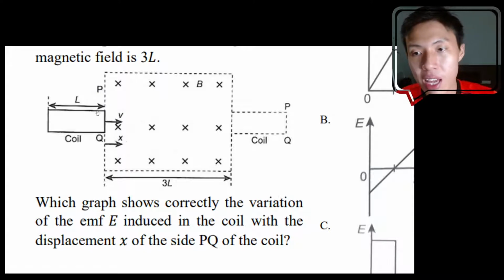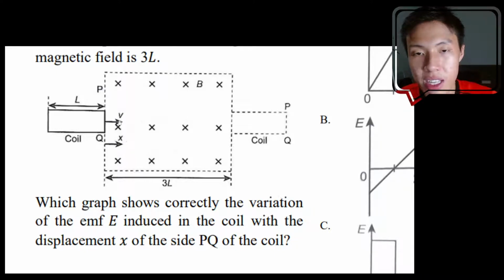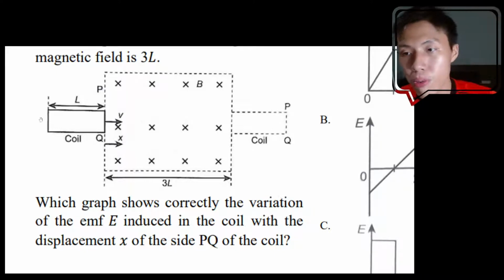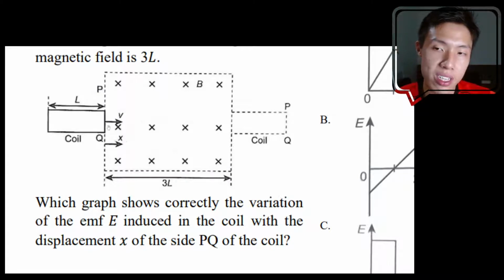So imagine this whole coil as a single dot placed on this PQ line that is moving like this. We are not measuring with respect to the left side, we are measuring with respect to the right hand side. So the right hand side is now at the starting point, and you end the session when the whole coil is outside of the uniform magnetic field. So your PQ will be over here.